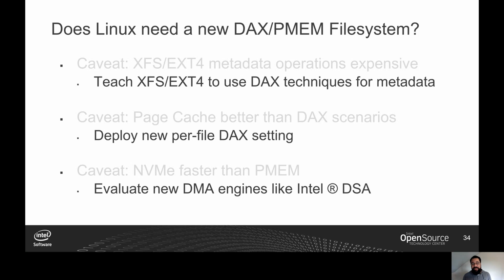And the queue depth of PMEM is always 1, because by the time something is submitted, the work is completed, and that's not an assumption that XFS was designed with. So hopefully with offload engines, we see some of that performance come back.